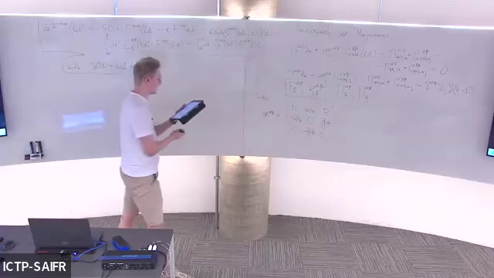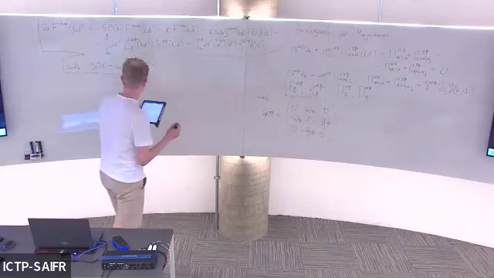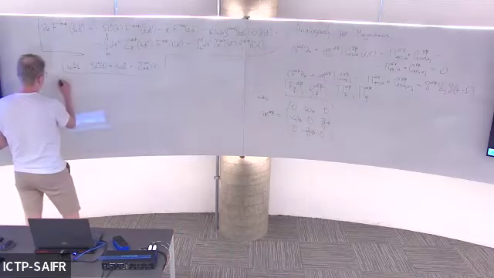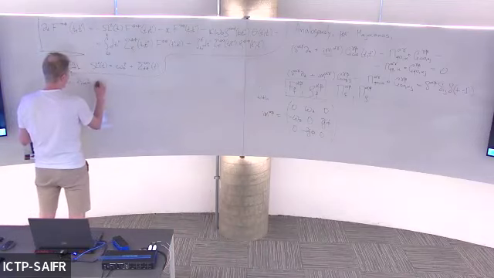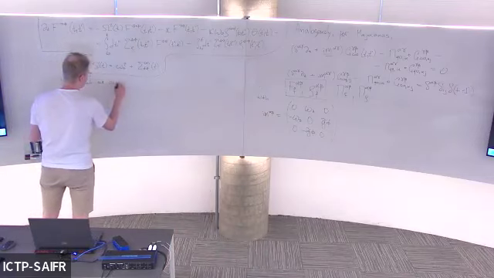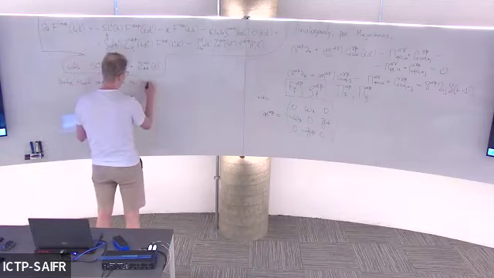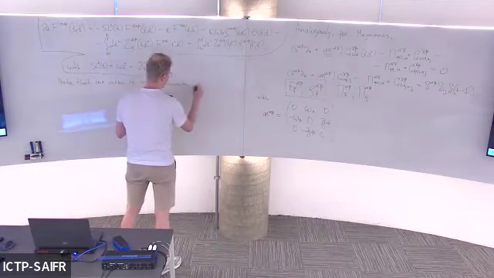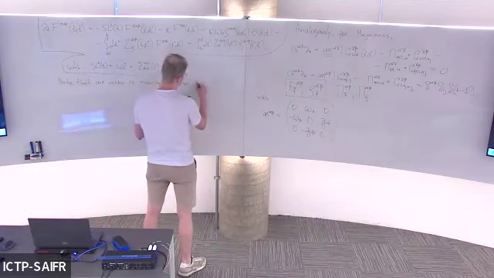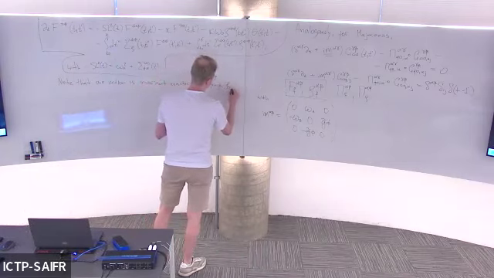There is one important thing to note: our action is invariant under a gauge Z2 transformation.